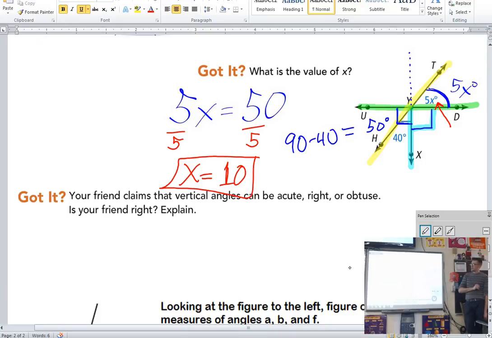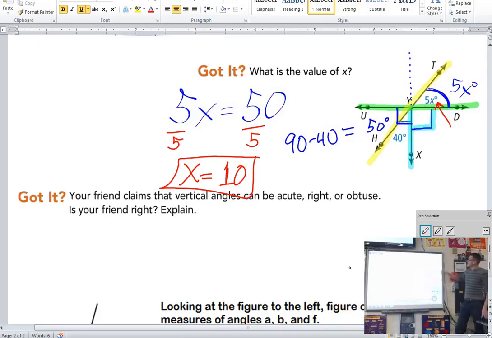So your friend claims that vertical angles can be acute, right, or obtuse. I need you to make examples of each of these, or if you think your friend doesn't know what they're talking about, make a counter example showing that that doesn't work, that they can't be one of them.